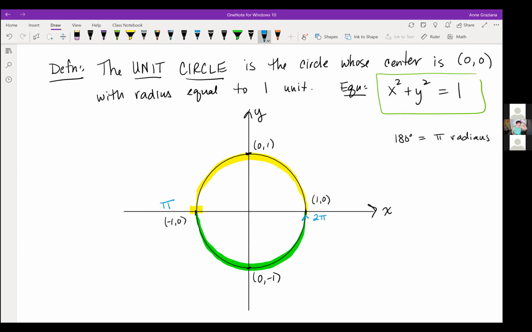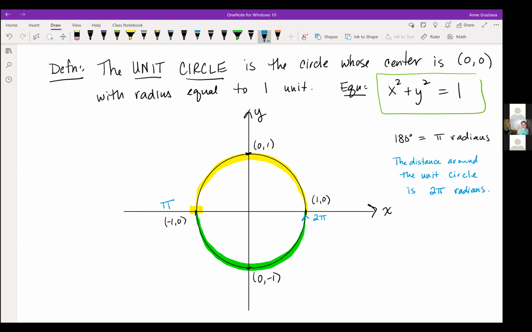So the distance around the unit circle is 2 pi radians, which makes sense when you think about it. 2 times 180 is 360, and if you have any familiarity with geometry, 360 means you just go in a circle. So 360 is 2 pi.